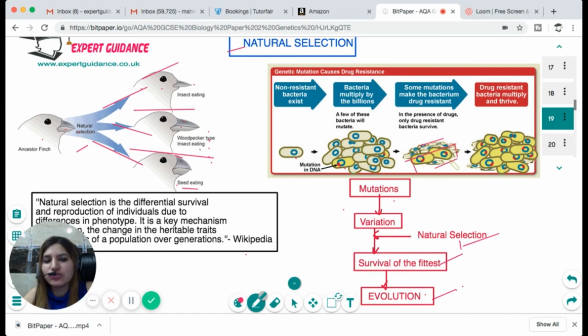When these 2 survived, they got a chance to reproduce, and when they reproduced, they multiplied and passed on their traits to the next generation. So how does it work? There's a mutation. Mutation leads to variation. Then nature selects the best variation, the organism which has the best adaptation. So there's survival of the fittest, and that leads to evolution.